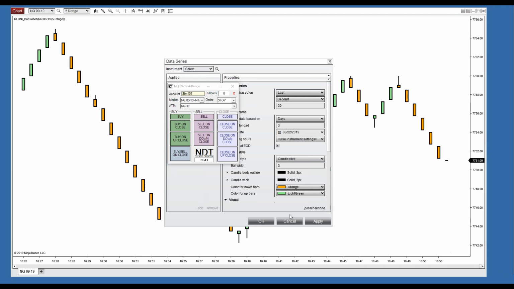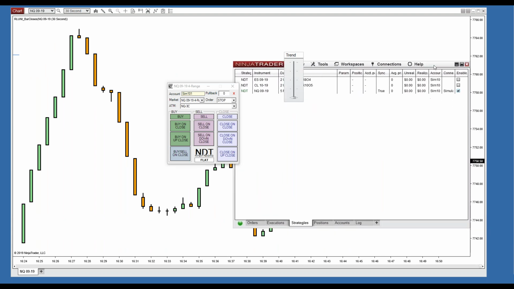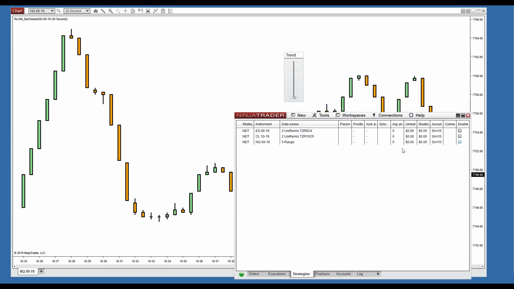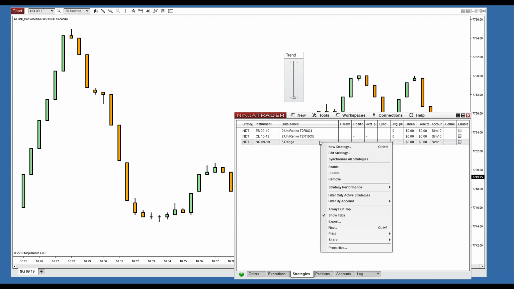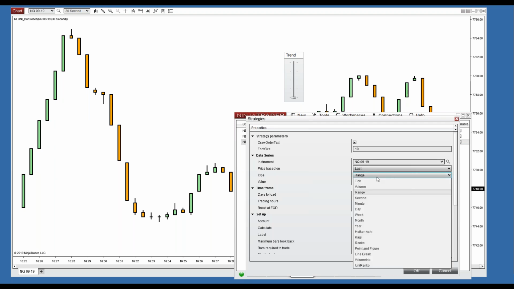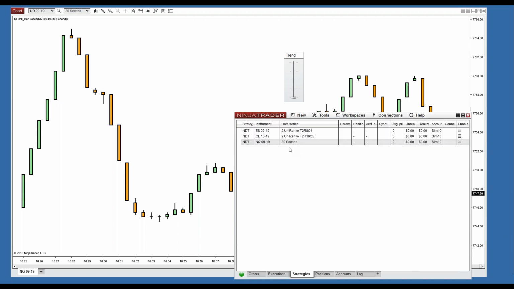Okay, let me close this. We bring the control panel over. I'm going to go to the NDT. I'm going to go to the 5 range. I'm going to go to edit strategy. And I'm going to go to seconds, put in 30, hit OK. So now the strategy for this NDT is a 30-second.